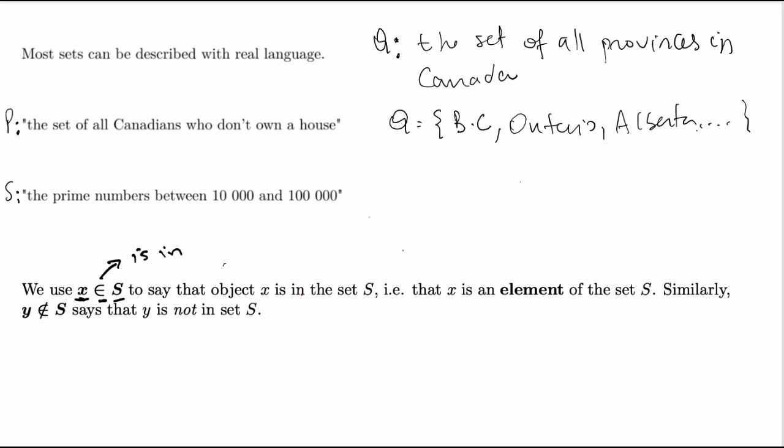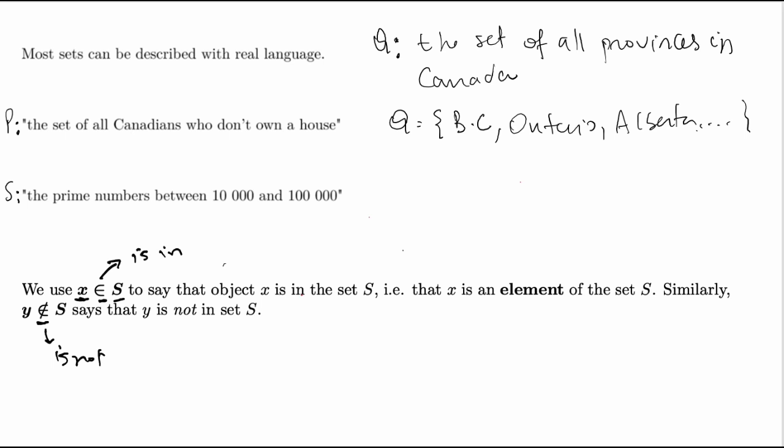And similarly, y is not in S, so the "is not in" symbol is this stylized E with a line crossing it. So let's say that you have a set S, that x is an element of and y is not.